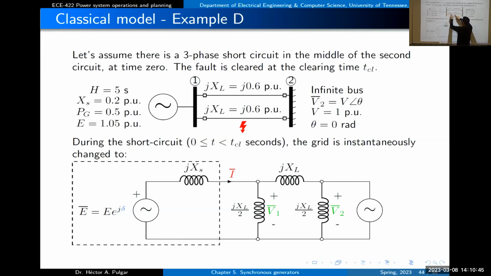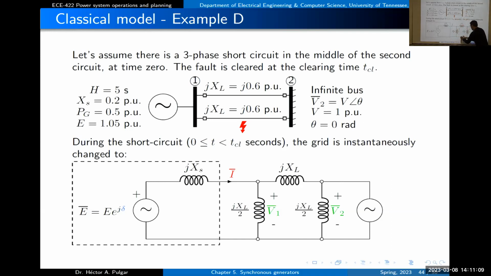So jXL over 2, that's what you have. And that is the impedance between the phase and the neutral. So from here to here, again, you have half of the impedance, which is here. And that is the impedance between bus 2 and the neutral, right there.